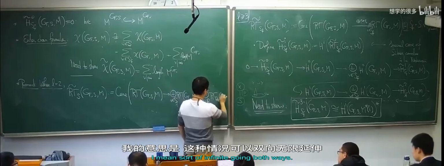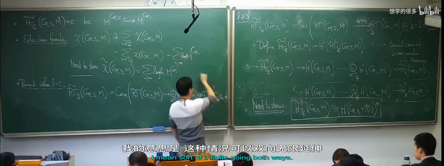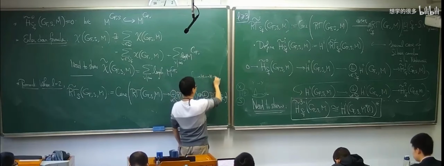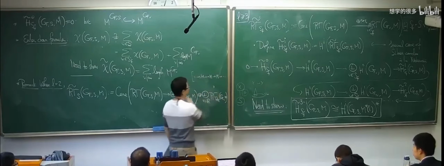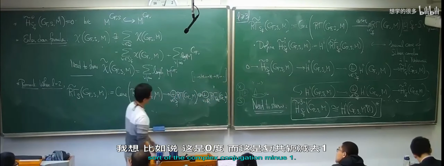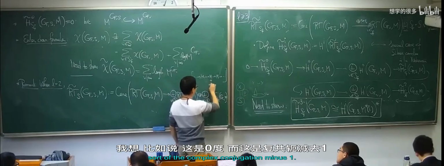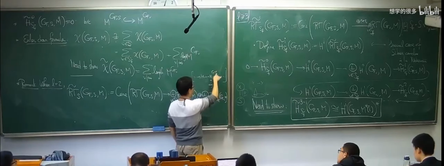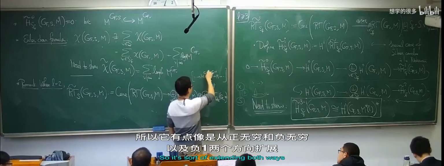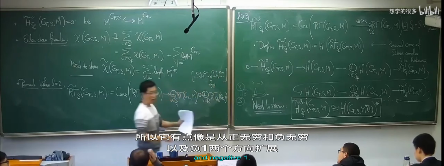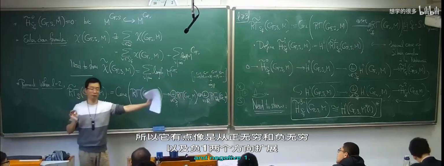By that, I mean an infinite long sequence going both ways. For example, this is degree 0, and this is complex conjugation minus 1, and this is complex conjugation plus 1, and then they alternate. So it's extending both ways, to positive infinity and negative infinity. And negative 1.